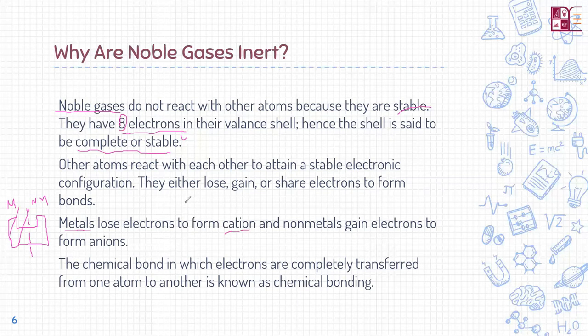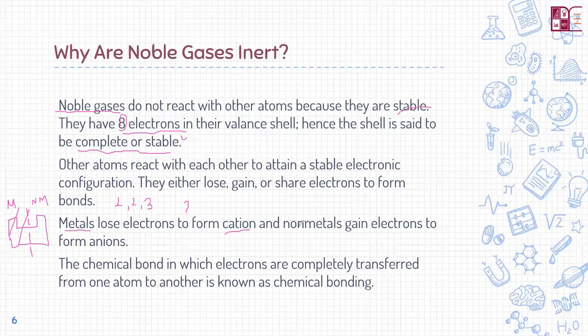So why is that so? This is because metals usually have only one electron or two electrons or three electrons in their outer valence shell. So it is much easier for them to lose the electrons than to gain the electrons.